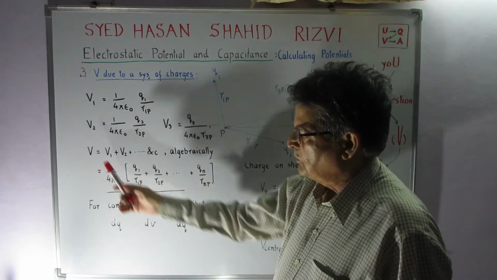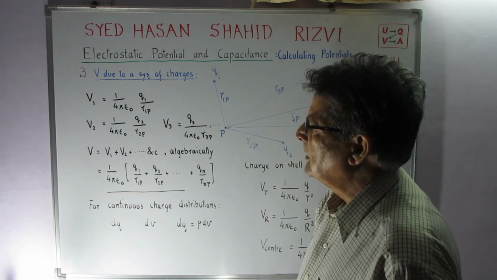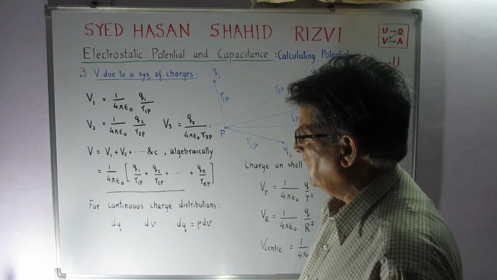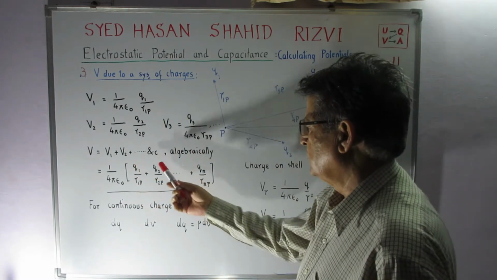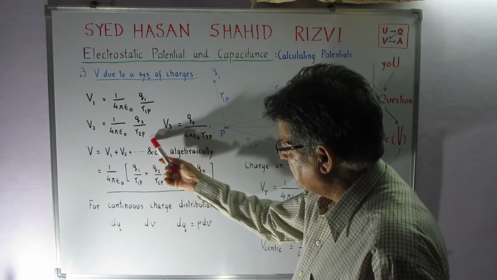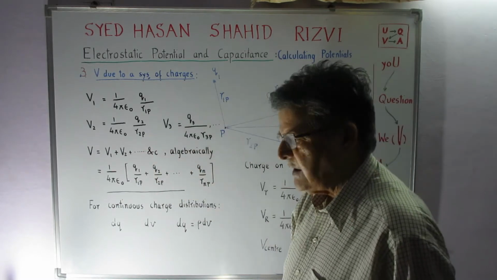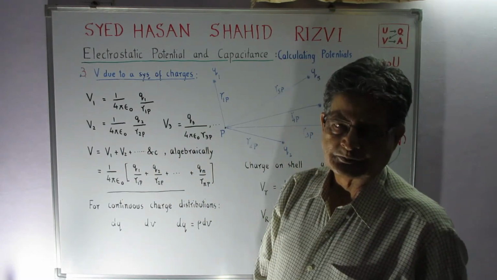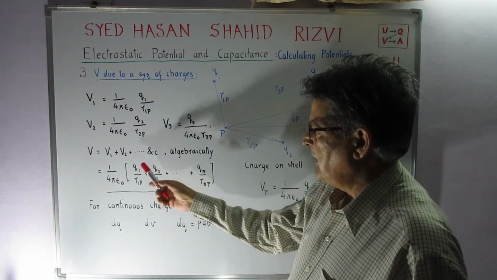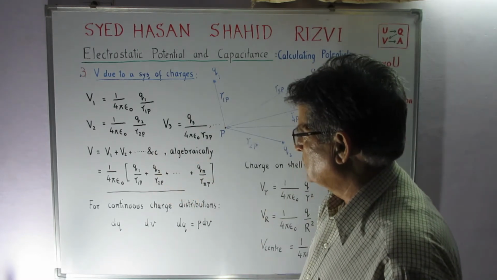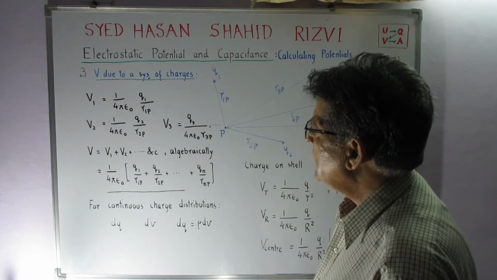So if we want to see what is the net potential V at that point, I can write V1 plus V2, and so on, a sum, introducing it for you algebraically.